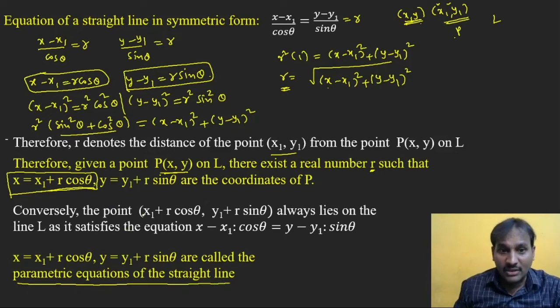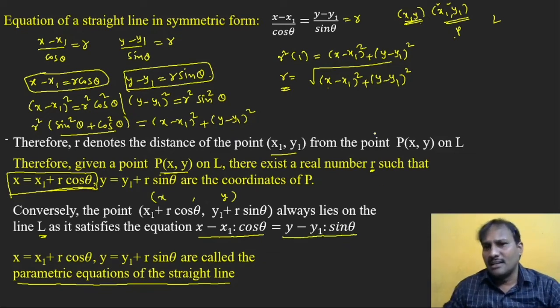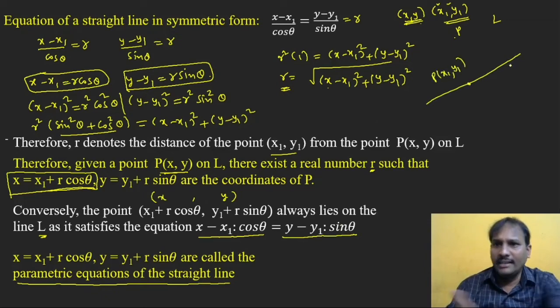One more thing: the point (x, y) always lies on the line L, and it also satisfies the equation (x minus x1) by cos theta is equal to (y minus y1) by sin theta. Suppose you take the straight line like this. This is P(x1, y1), and this is some point (x, y).